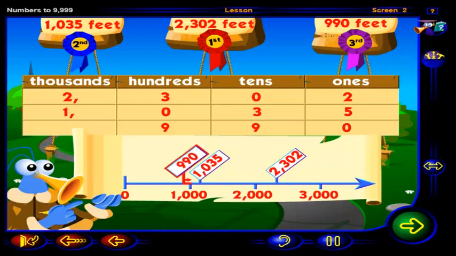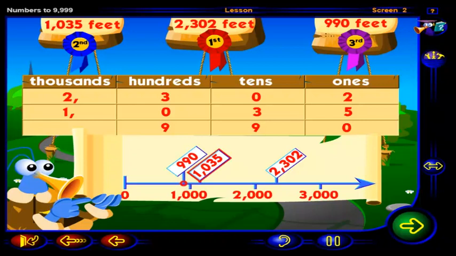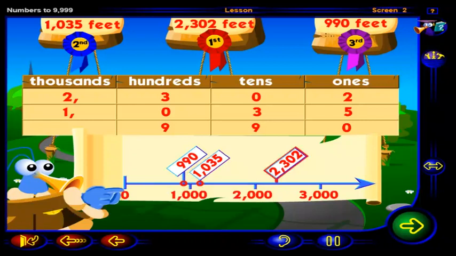990 is less than 1,000. So it goes about here. 1,035 goes about here, between 1,000 and 2,000. 2,302 is greater than 2,000, so it goes about here.